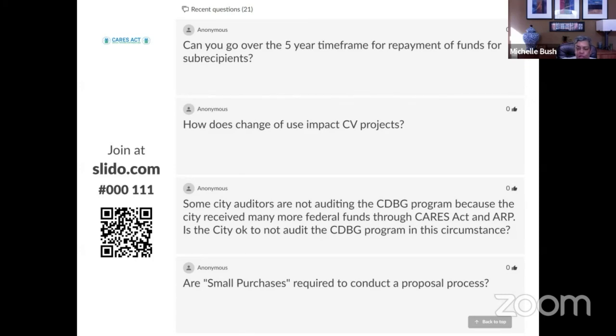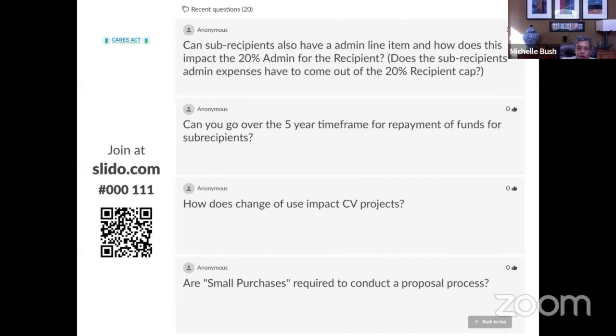So if you've been managing a CDBG program for a number of years and you've not had any difficulties with it, no prior findings or issues, the auditor may choose not to audit that particular program. But because CARES Act and ARPA funds are new funds, that would essentially be considered high risk. And so they may choose to, or make it a requirement to audit those programs since they're new.